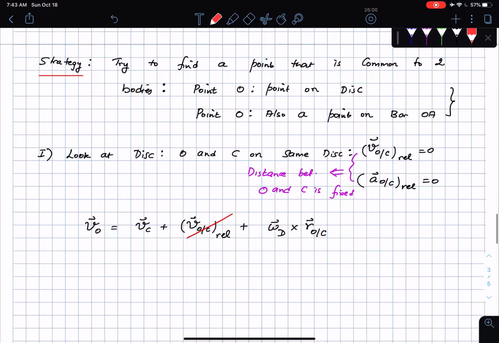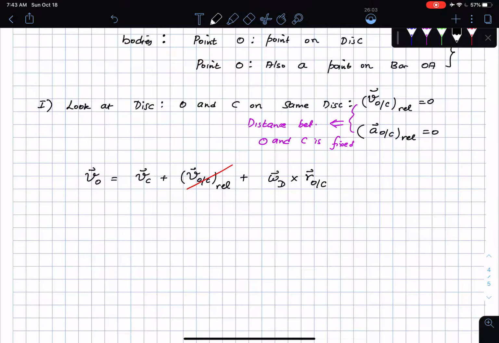So I can continue forth and say velocity of O is velocity of C plus omega of the disk crossed with R O/C.